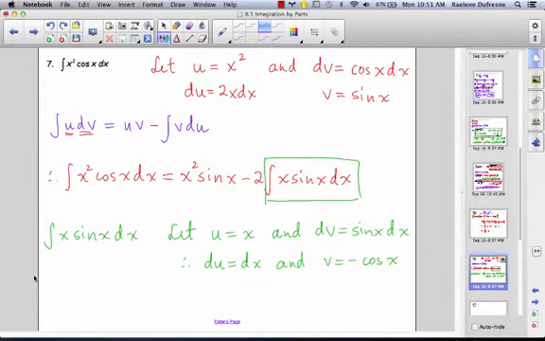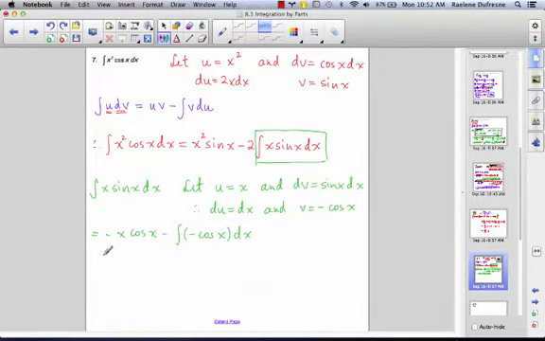So therefore in green we are going to replace the integral with u times v, which is x times negative cosine x, or negative x cosine x, minus the integral of v du. So minus the integral of negative cosine x dx. Do be very careful with your negative signs here.